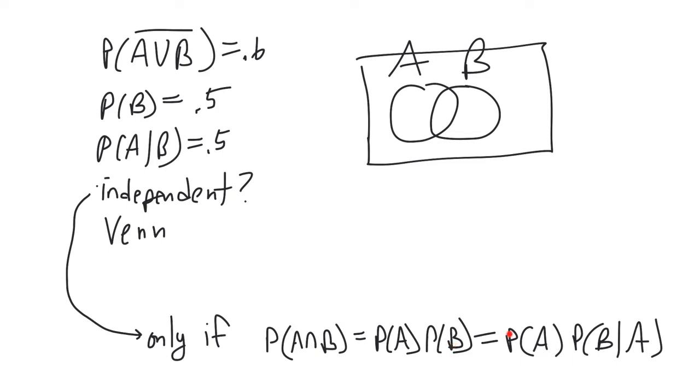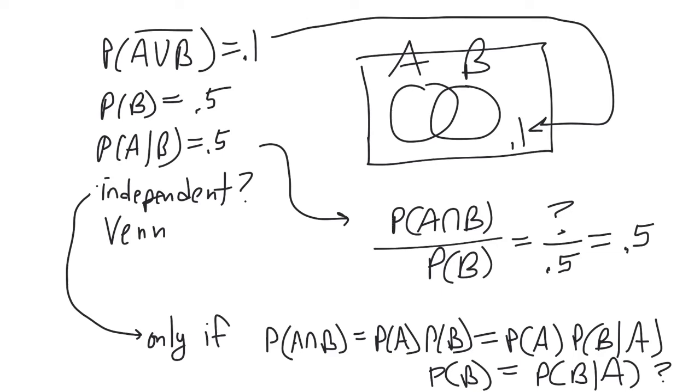We rewrote that as probability of A times probability of B given A. And we said that that would be used for dependent situations. So the only way this is going to be independent is if this piece right here equals this piece right here. Okay, so firstly, if it's not in A or B, then it's not in either of these circles here.